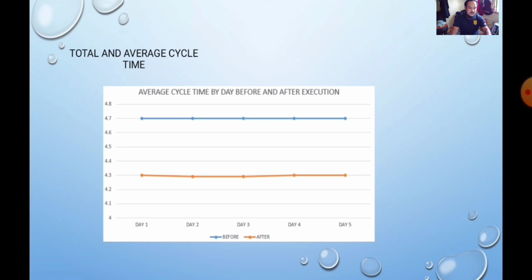Okay, next we go to the total and average cycle time, which is an analysis that is very important to make a comparison because of the efficiency rate. A better average cycle time can be determined based on how much time can be reduced against the actual target.